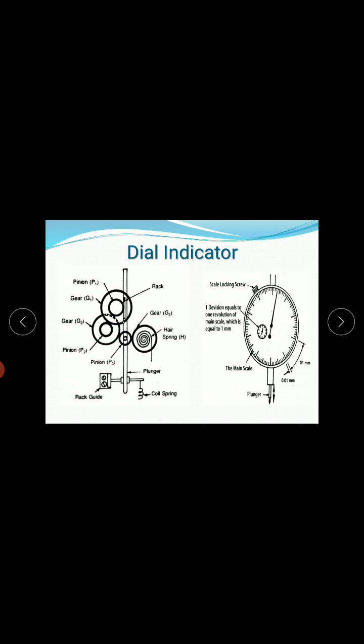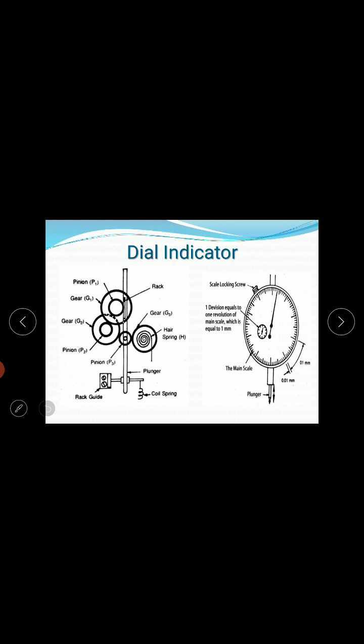Then if we see the construction of our mechanical comparator, first, it consists of a plunger having a rectangular inner slot, and such a slot is called a rack.